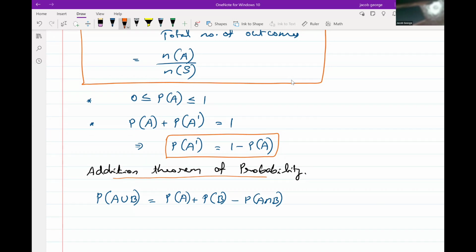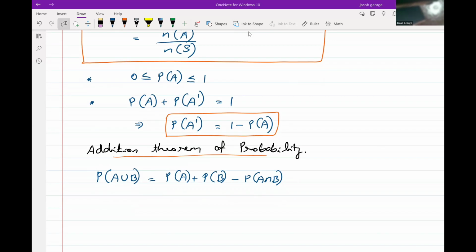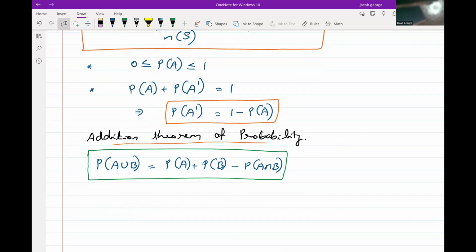Everyone should learn this formula by heart. We have important sums based on this one. Our long answer type questions this year are based on this formula. P(A union B) = P(A) + P(B) − P(A ∩ B).